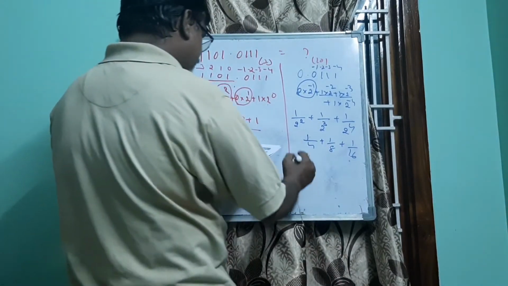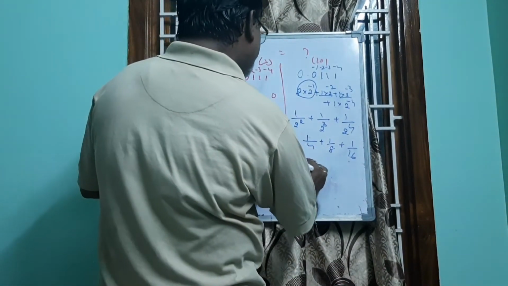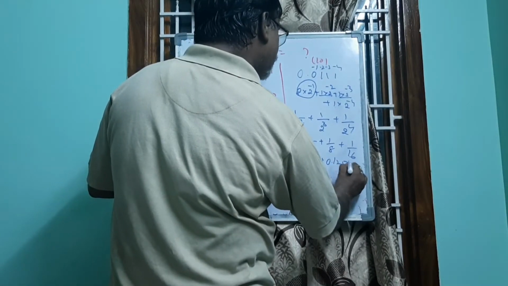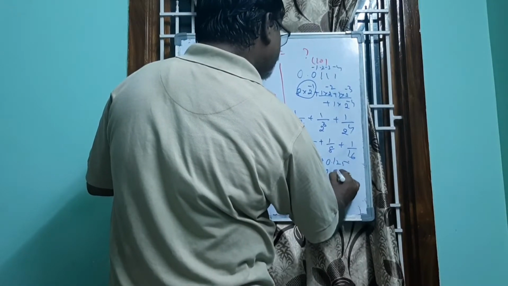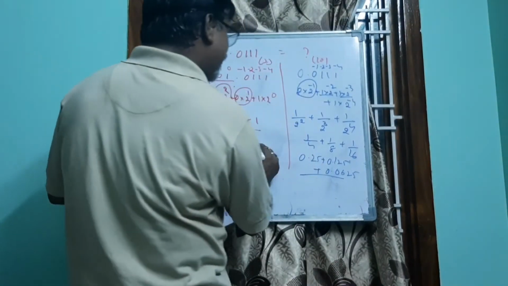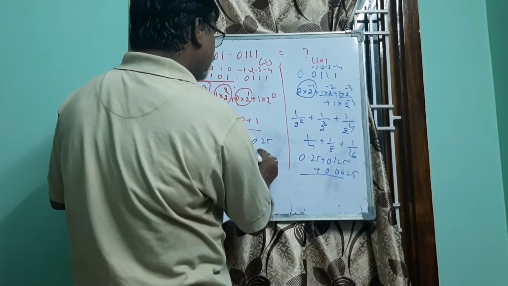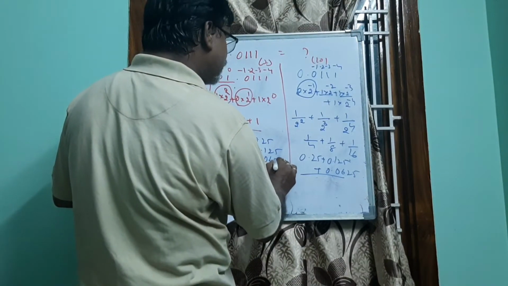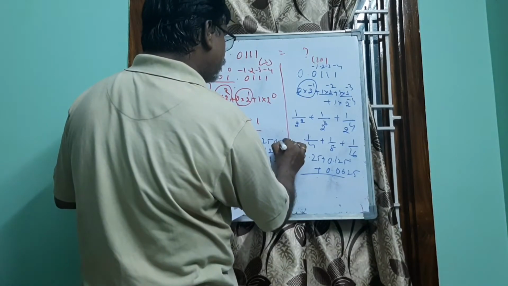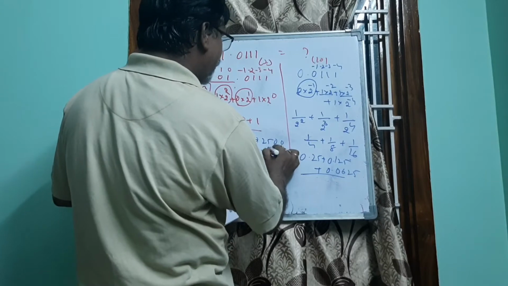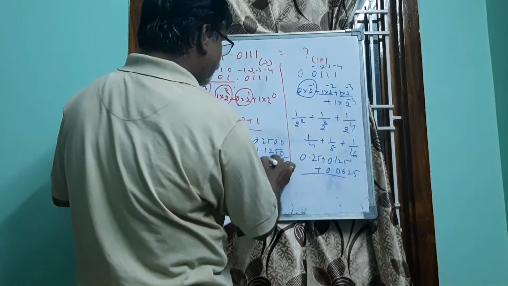So here you will get 0.25 plus 0.125 plus 0.0625. So this total you will get here: 0.25, 0.125, 0.0625, put 0, 0, 0 here. So 5, 7, 8 plus 5, 13, so 4.